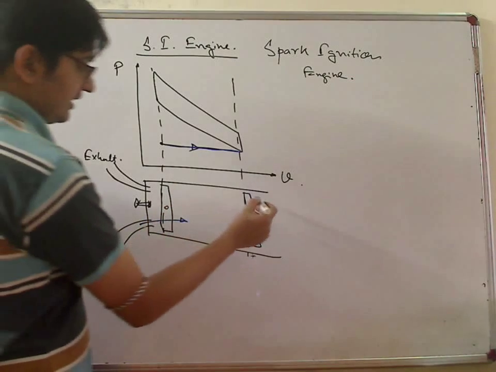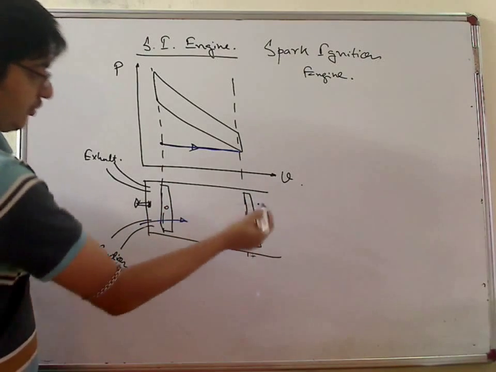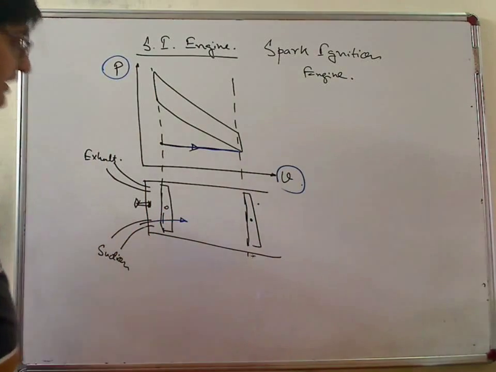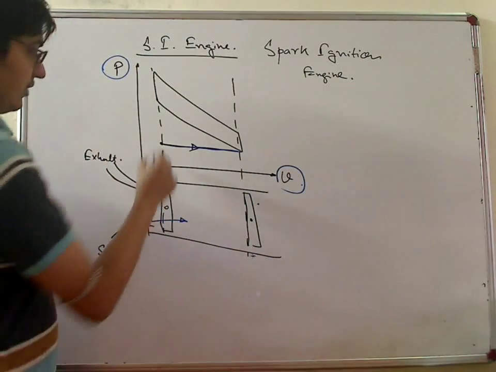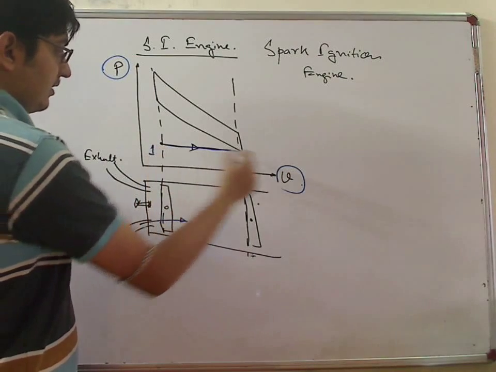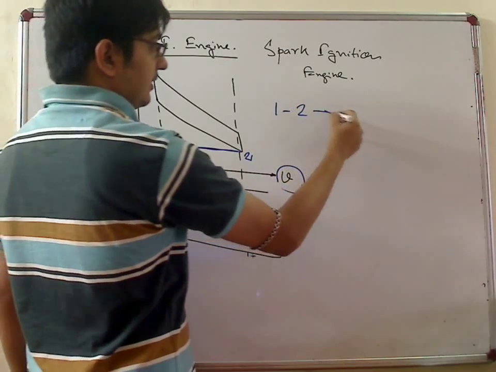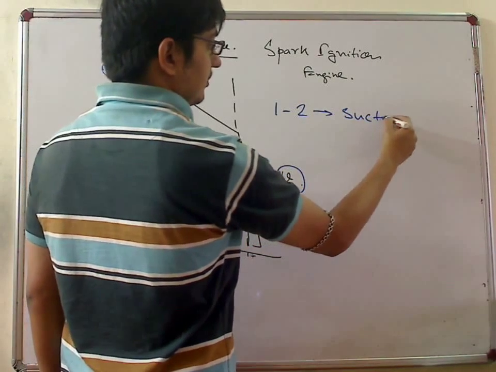So now the position is like this. So basically this point also indicates the volume and the pressure. Then from 1 to 2, so 1 to 2 is the suction stroke.